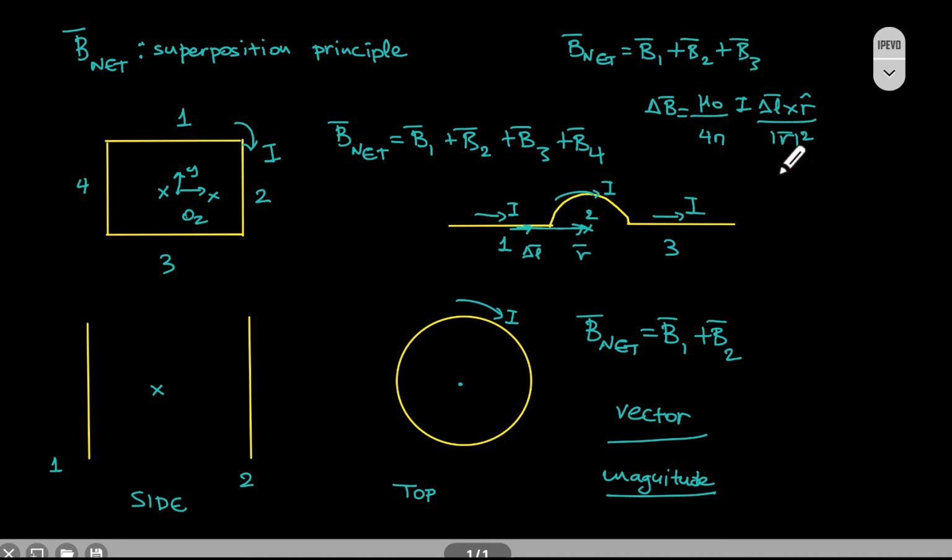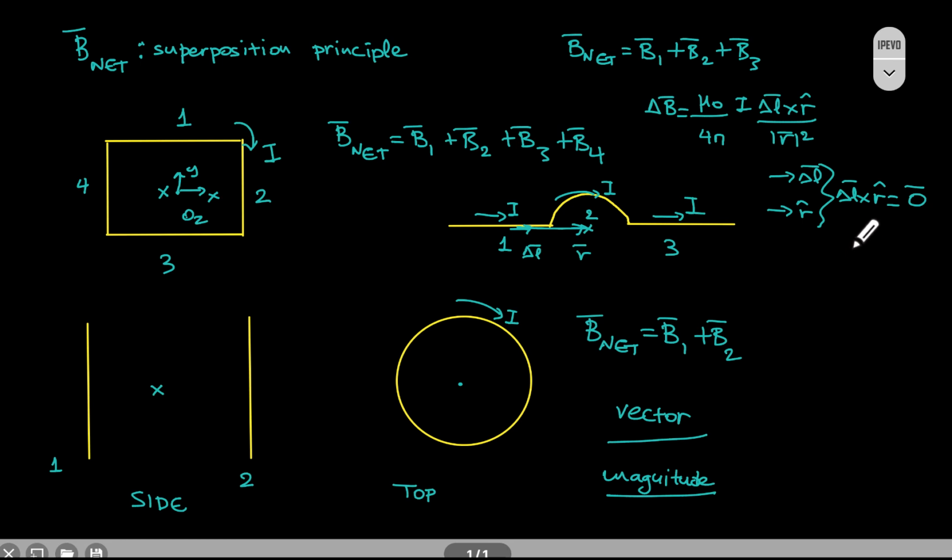But here is an interesting fact about cross products. If this is delta L, and this is also the direction of R hat, when you find the cross product, you will find that to be exactly 0. The magnitude of the cross product depends on the sine of the angle theta between the two vectors. And when those two point in the same direction, this cross product gives you exactly 0.